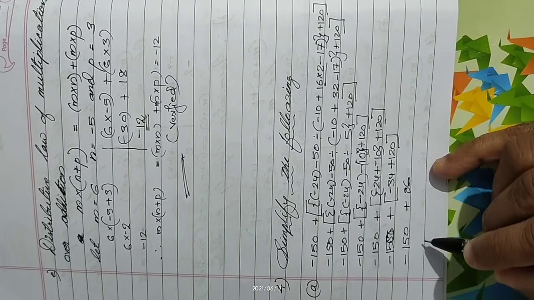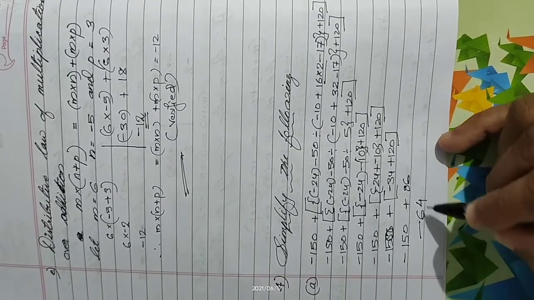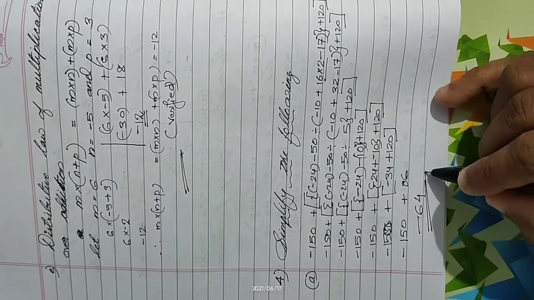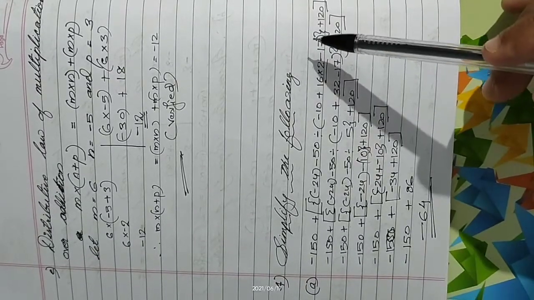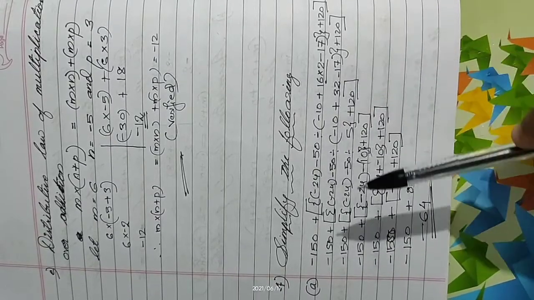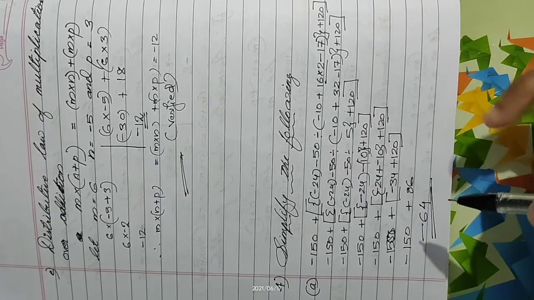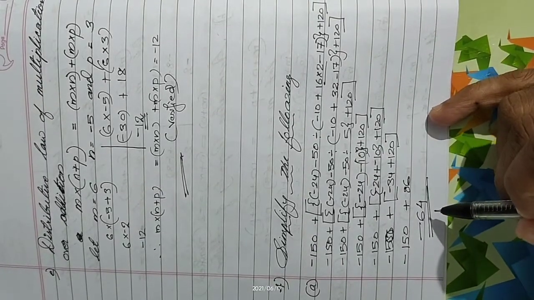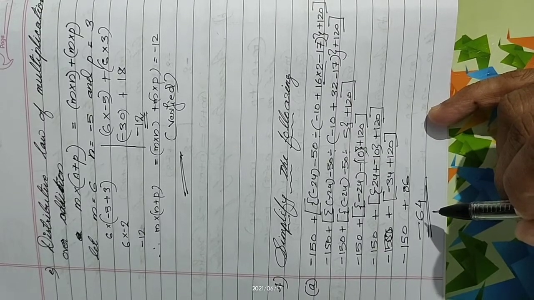Again we subtract, then we get negative 64. So in this way we solve the brackets first, and inside the bracket different types of brackets are there. According to their order we solve, and finally we simplify the numerical expression which involves different operations.